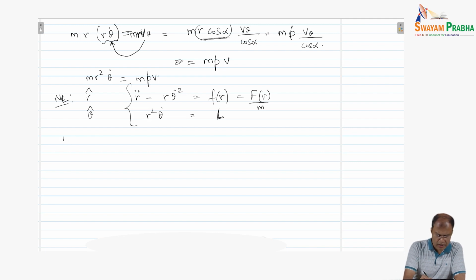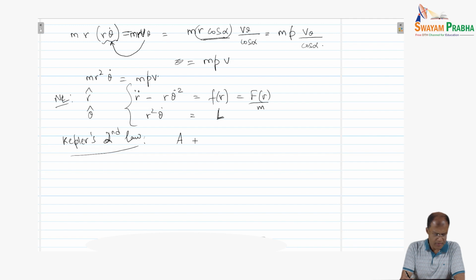So let us look at Kepler's second law. We have the area A swept by the particle P with respect to the initial line.